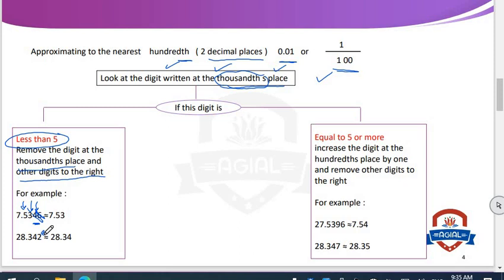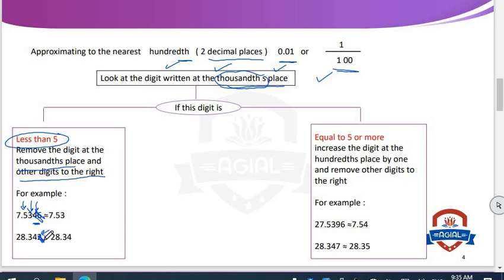So we remove this digit and all the other digits to the right. The result will be 28.34, without adding 1. I hope you understand how to approximate to the nearest hundredths if the digit in the thousandth place is less than 5, a weak number.